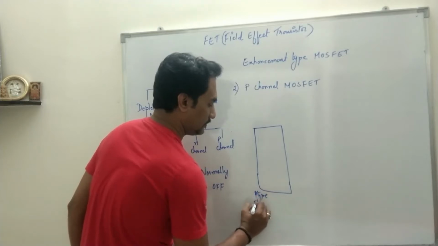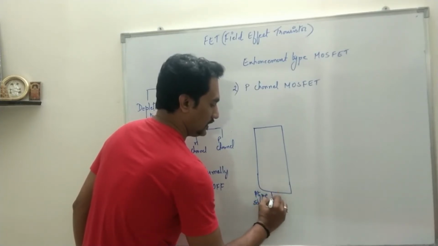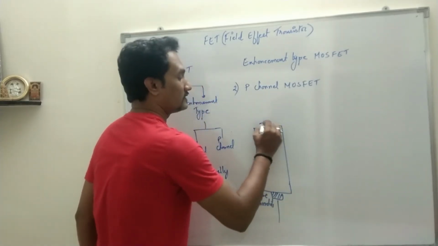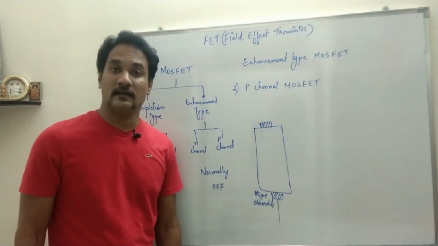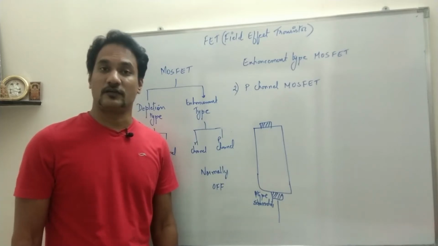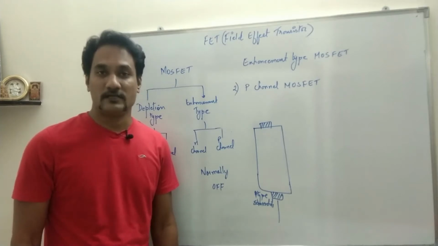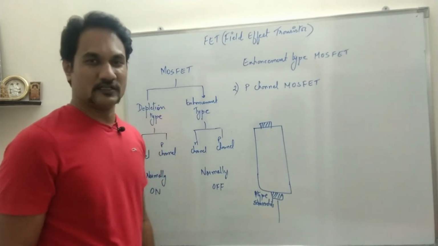Now you have understood that whether it is depletion type or enhancement type, if you want to design an N-channel MOSFET, you have to take N-type semiconductor, and if you want to design a P-channel MOSFET, you have to use P-type semiconductor. So it is very evident.